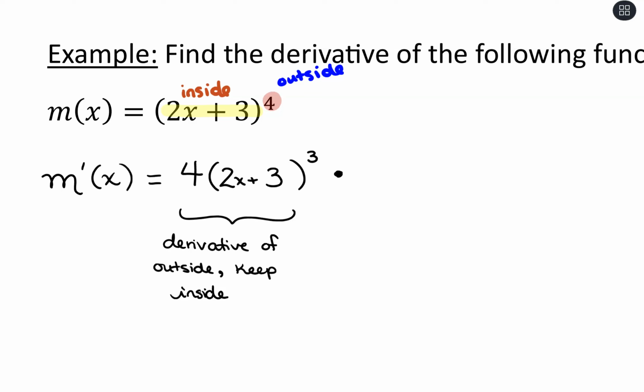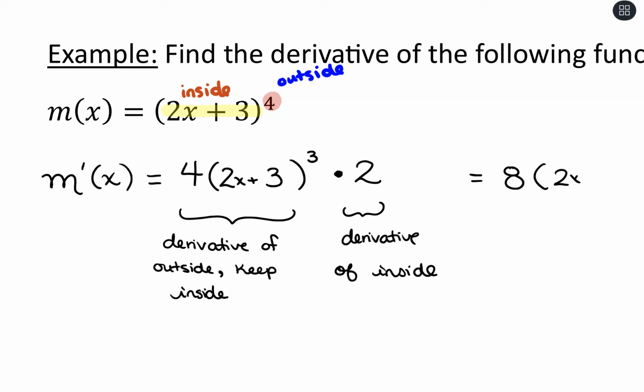So 2x plus 3, the derivative is going to leave us with a 2. So this right here is the derivative of the inside function. And then we'd simplify, which in this case would be 8 times, and then we could just leave this as 2x plus 3 cubed, just like that.